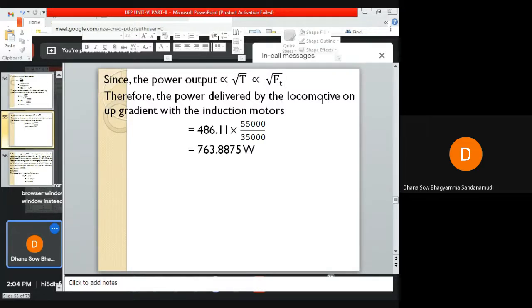Therefore the power delivered by the locomotive on an up gradient with the induction motor will be equal to P out into Ft required by Ft exerted on the train on the level track by this locomotive. So 486.11 into Ft required 55,000 by Ft 35,000. You simplify it, you will get 763.8875.